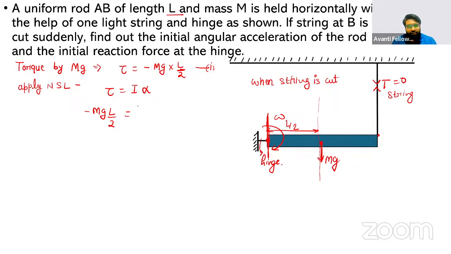But I am writing it directly, which is 1 by 3 mL square. So you can note it down. About the end of a rod it is 1 by 3 mL square. And I think I have derived it also for you in the previous sessions.